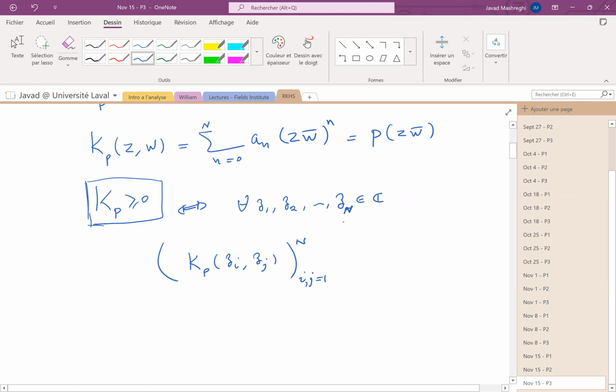Well, it's better not to mix this n with the other ones. For any m, this is bigger than or equal to 0.